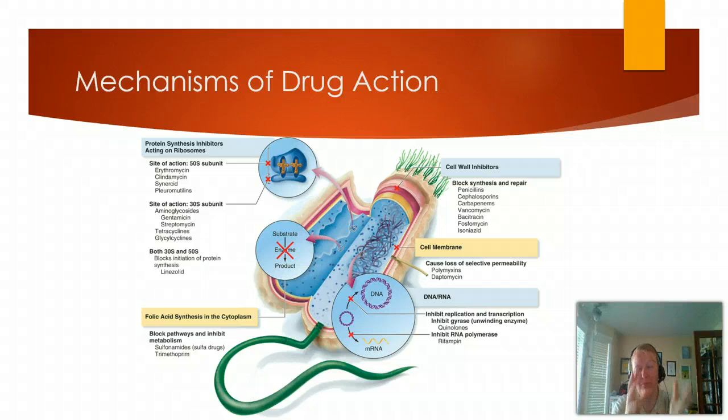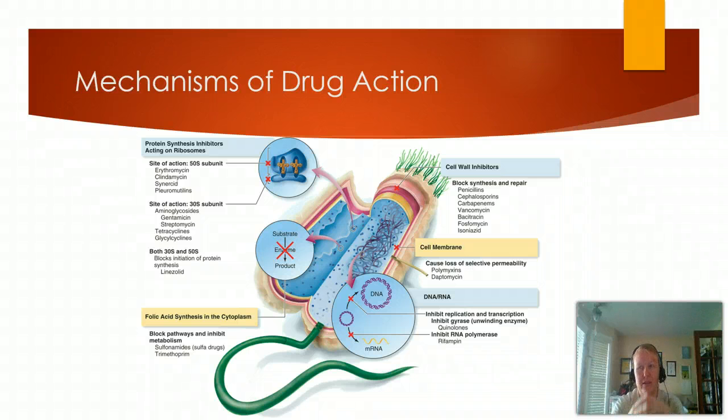And remember, even more so in antimicrobials, in drugs, is it important that we target things that are different from eukaryotic cells. Because with chemicals, we can wear gloves, we can wear masks, we can prevent the touching of them. With drugs, we're putting them into somebody, so they have to be able to not kill that person in the process. So you can see a couple different options here on the list of where they target, and I'm not going to go through all these right now because you can just read them too.